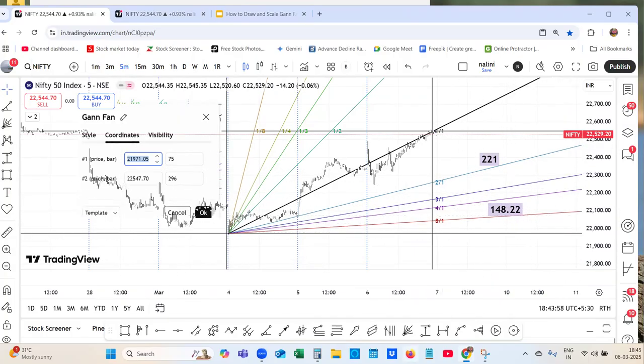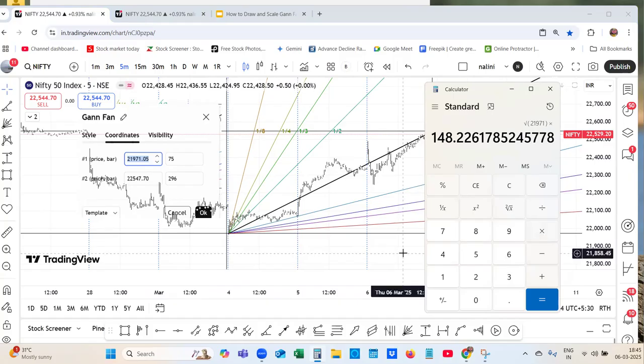Now, next thing I'm going to do is, what is the difference between these bars? We got 221 bars. So we are multiplying 148.22 with the 221 bars.